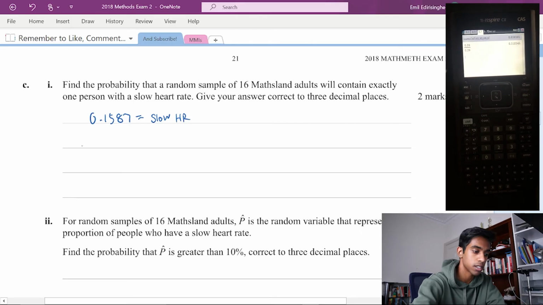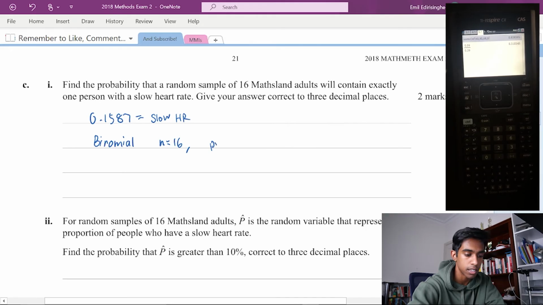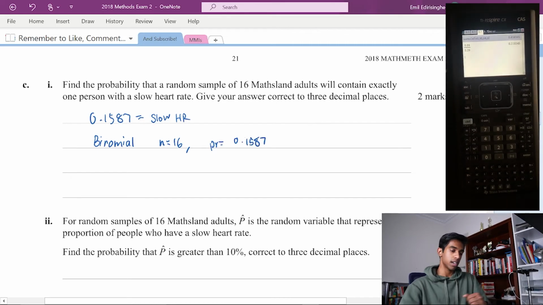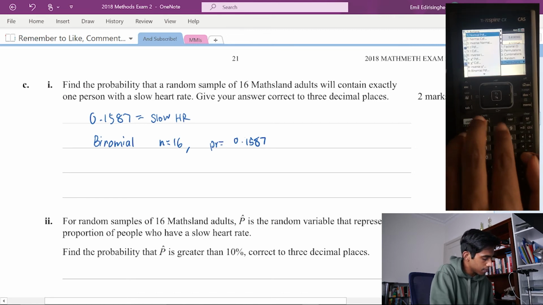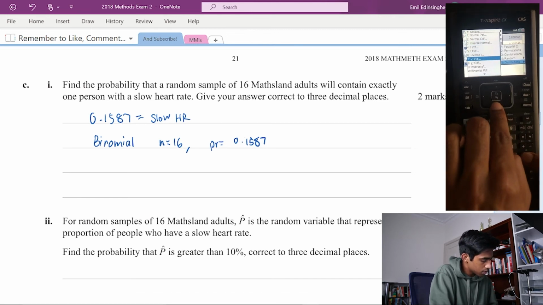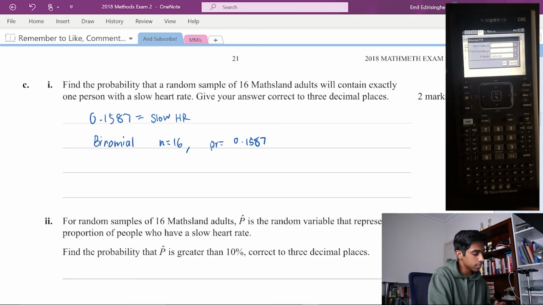So we have a binomial distribution with n equals 16 and the probability is equal to 0.1587. And then we'll essentially put that into the calculator. So we've got probability distribution, binomial PDF, since it's only 1.